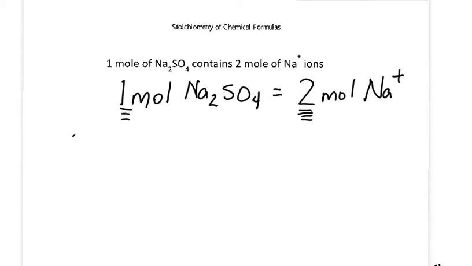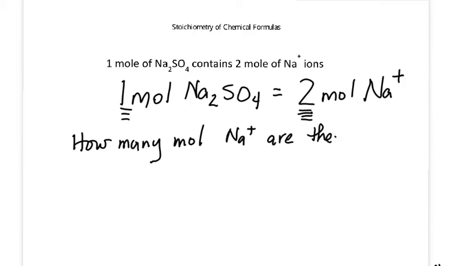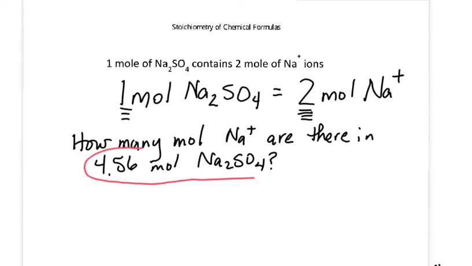So let's say that I ask the question, how many moles of sodium ion are there in 4.56 moles of sodium sulfate? Straight dimensional analysis. Start with what the question is asking you about. Keep your units. Units are moles. Keep your label.